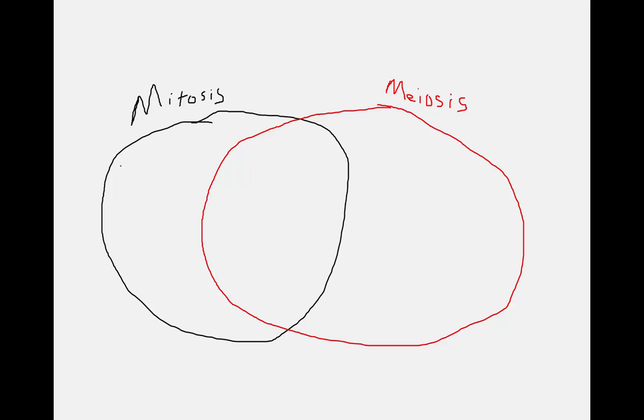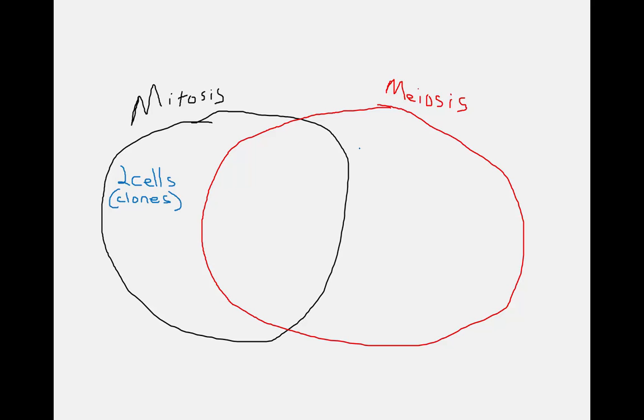Mitosis, you end up with genetically similar clones. So two cells that are genetically identical. And I'll just put in parentheses clones. So they're cells that are clones of one another, genetically identical cells.